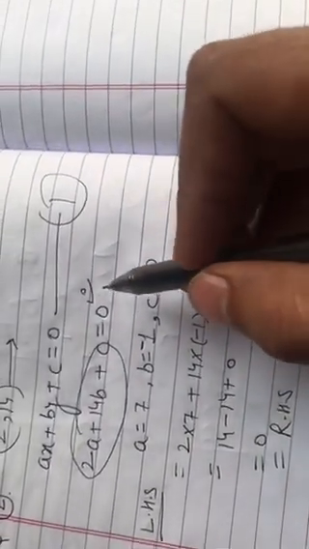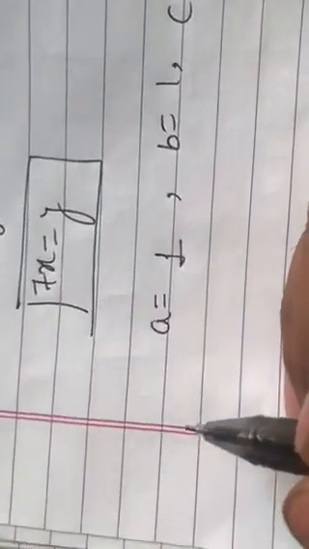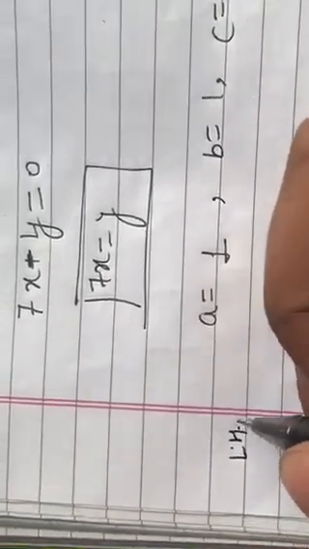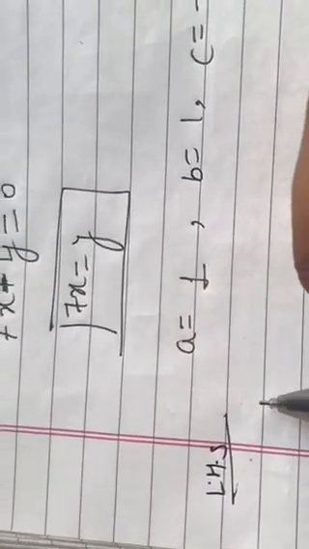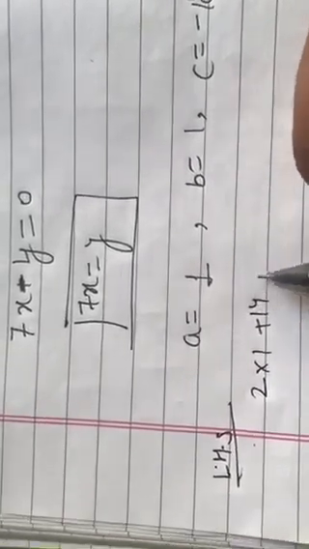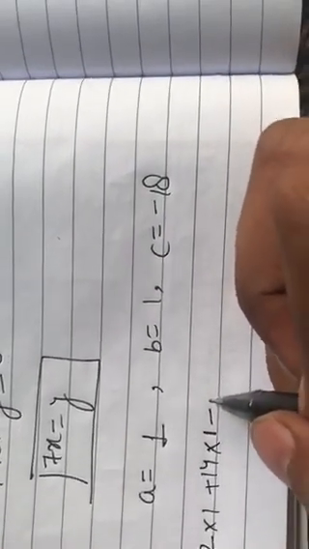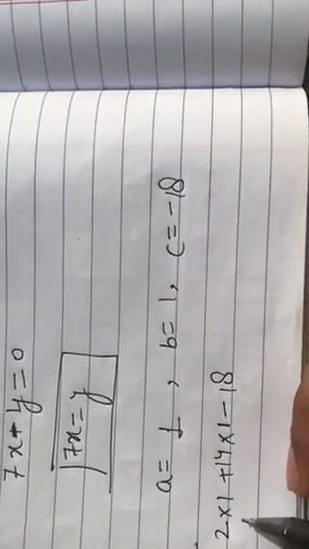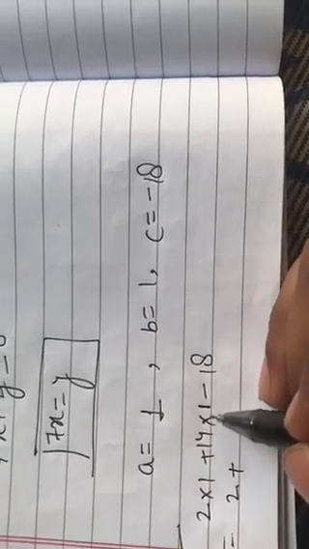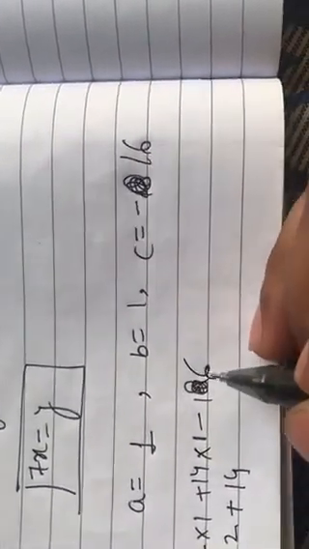On the left hand side, 2 into a plus 14 into b plus c. 2 ones are 2, 14 ones are 14, so that is 16. We had taken a wrong value of c, it should be -16.